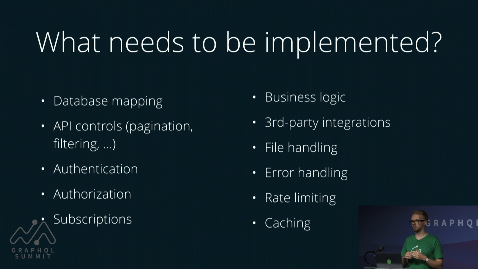You probably need to implement some further API controls, such as pagination, how you order your data, how you filter your data. You mostly also need an authentication and authorization system. If you want to build a real-time app, it also makes sense to provide a GraphQL subscription API. But most importantly, where you really want to get to is implementing your business logic.